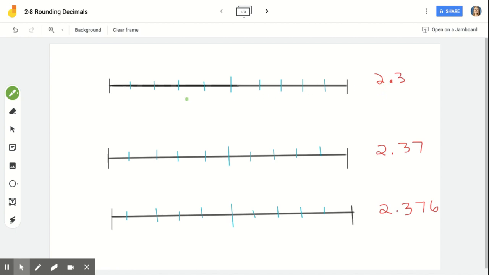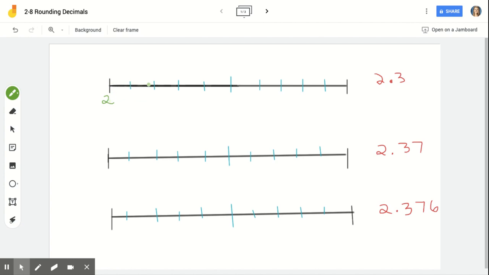The number I have here with this first number line is 2 3/10. And I'm going to ask you to round 2 3/10 to the nearest whole number. If I were to do that with a number line, here's what I would do. I would look at the whole number 2, and I would place 2 on this side of the number line.